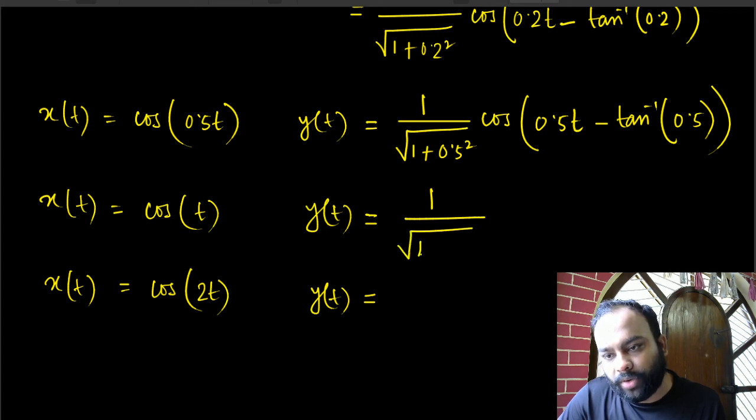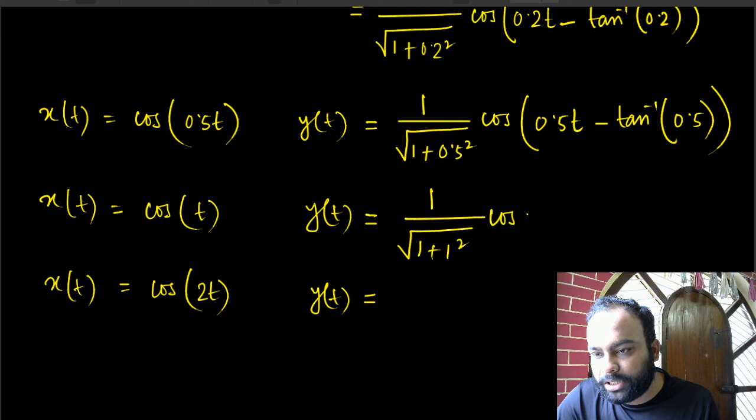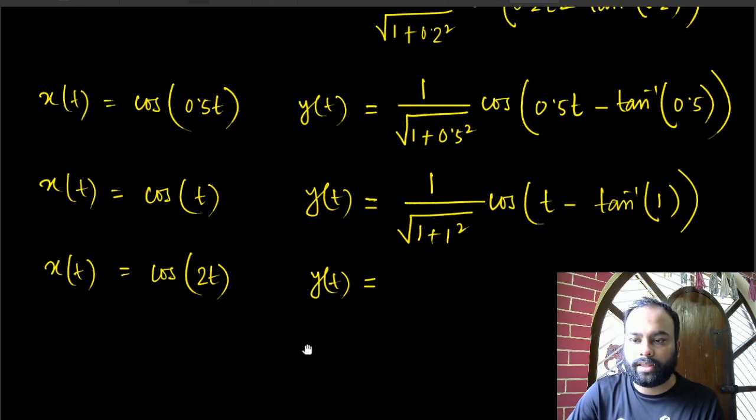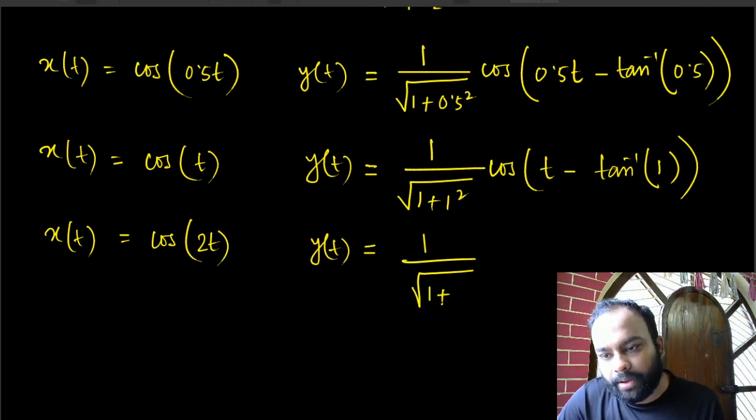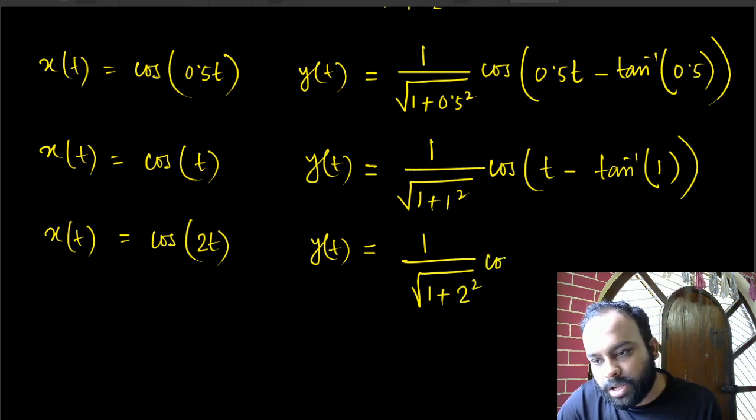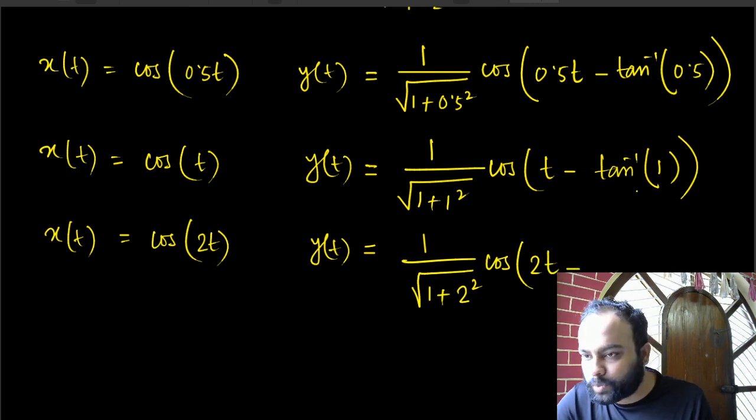So this is going to be root over 1 plus 1 square. So this is 1. The frequency is 1 radian per second. So this is going to be cos t minus tan inverse 1. Right? Similarly here, the output is going to be root over 1 plus 2 square, cos 2t minus tan inverse 2, right?